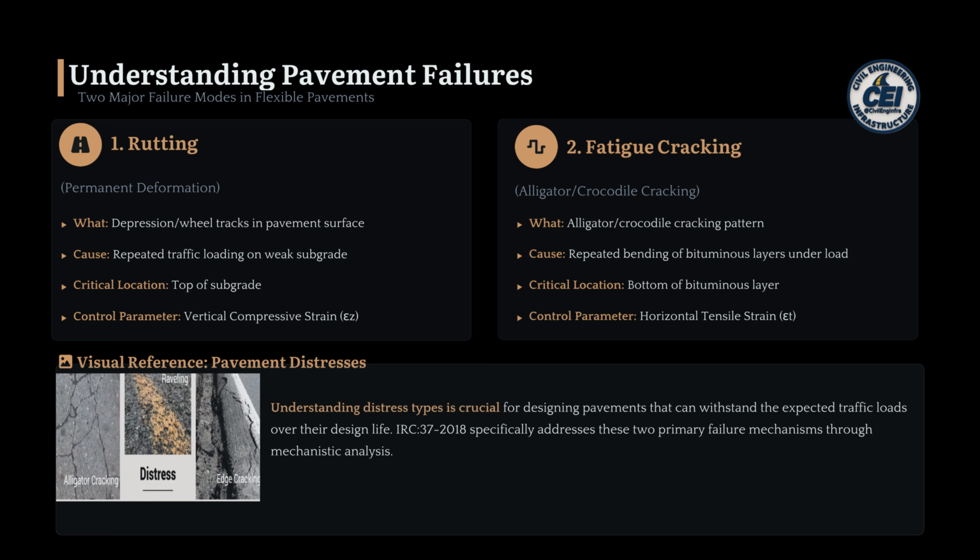These cracks often look like alligator skin, so they are also called alligator cracking. To control fatigue cracking, we check the horizontal tensile strain, that is, the amount of tensile stress at the bottom of the bituminous layer. So, pavement design essentially means keeping both of these strains within their allowable limits.